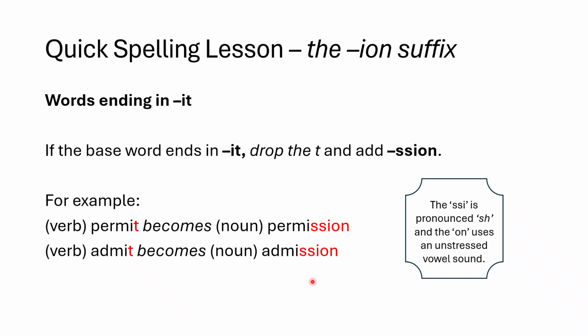In these examples, you can see that the T is dropped from the base word and SSION is added to form the noun. Permit, permission. Admit, admission. The SSI is pronounced sh, and the ON uses an unstressed vowel sound.